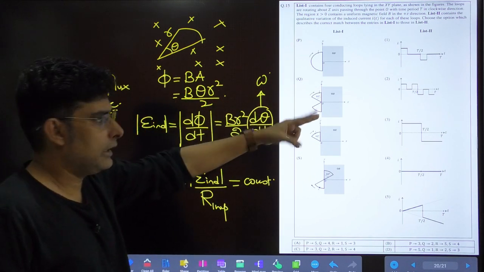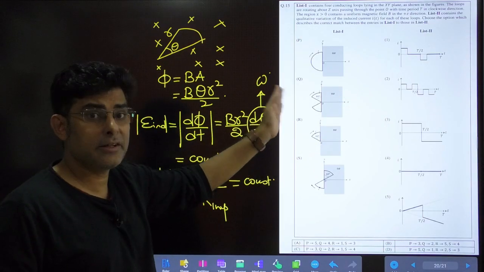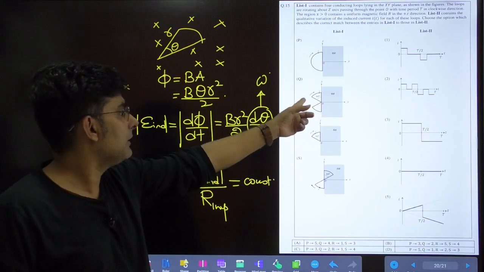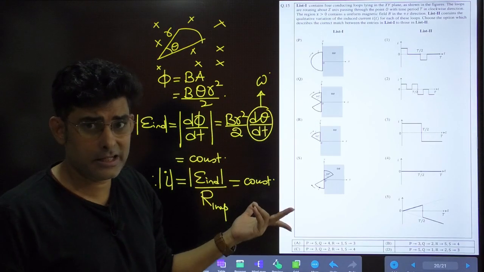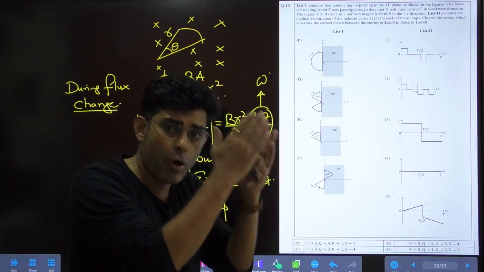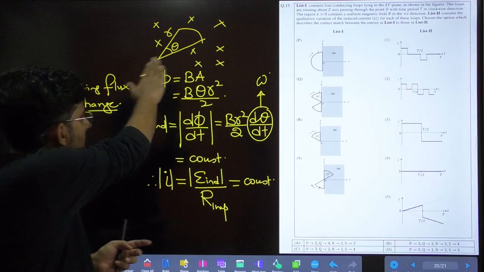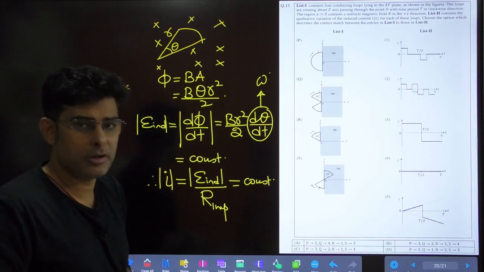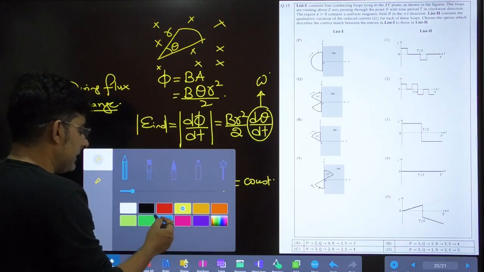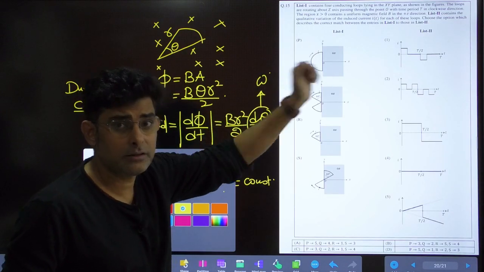There will be positive and negative half cycles, that is for sure. Once the flux is increasing, once it is decreasing, there will be a change in the sign of EMF and a change in the direction of the current also. But during a particular type of flux change, whether only increasing or only decreasing, the EMF will remain constant whenever we have circular sectors or loops in a uniform transverse magnetic field rotating with constant omega.